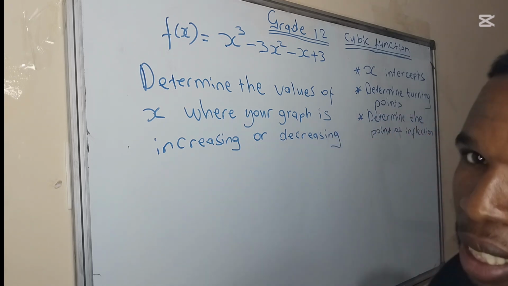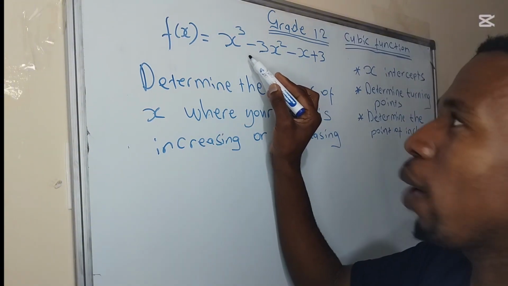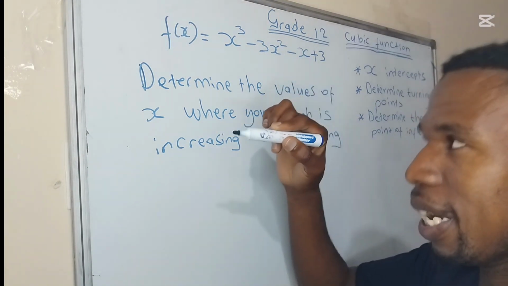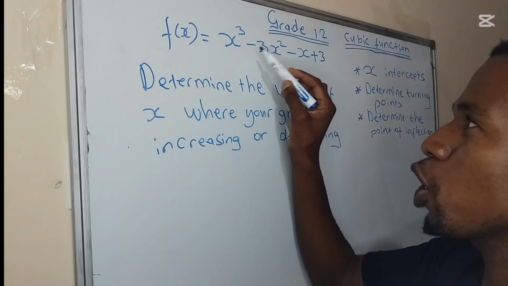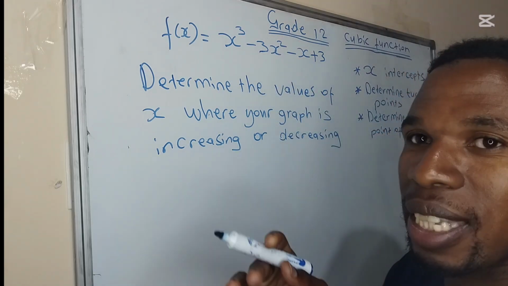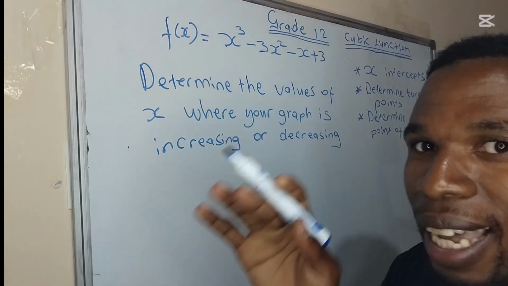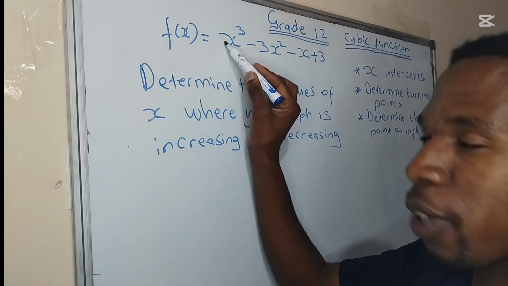Let me ask you something before I proceed. Is this an increasing function or a decreasing function? Okay, guys, this is an increasing function. Reason being, in order for you to decide whether a function is an increasing function or a decreasing function, you just need to check the value of a.